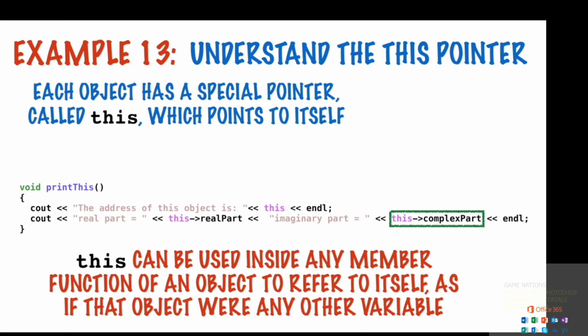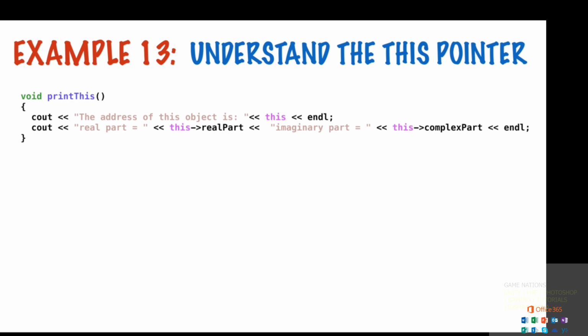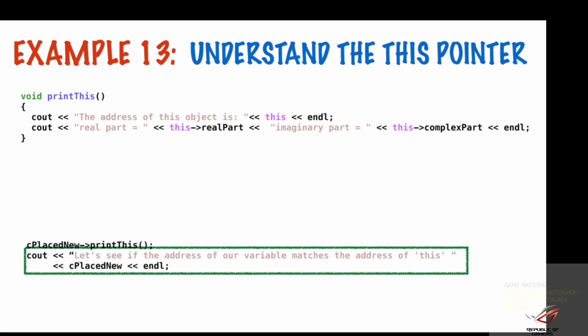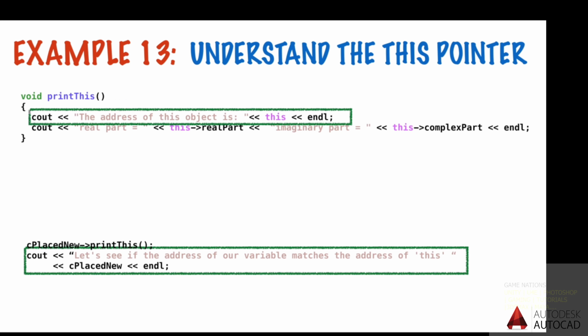Let's expand this example to understand a little bit better. We have the print this member function inside the complex number class. Let's say we have set up a pointer to the complex number class. We'll continue to use the cPlacedNew from the previous example. If you call cPlacedNew arrow print this, it will call the print this member function. Notice the second line where we print out the address at which cPlacedNew is located.